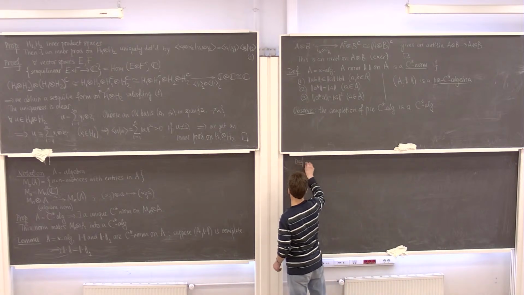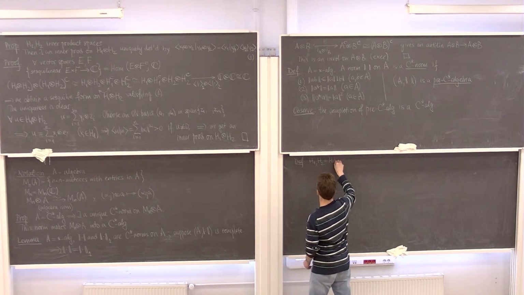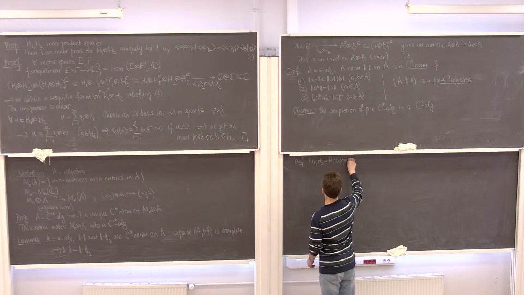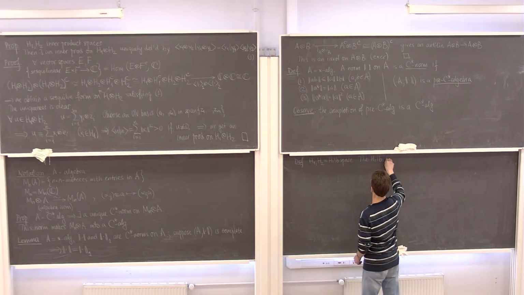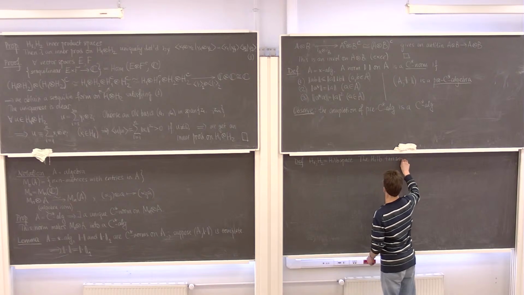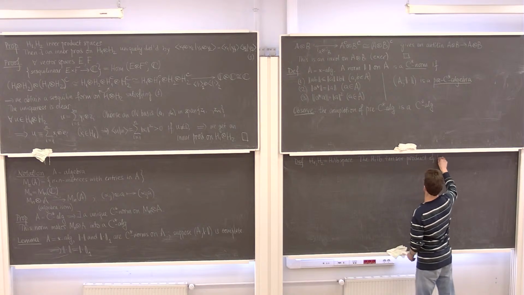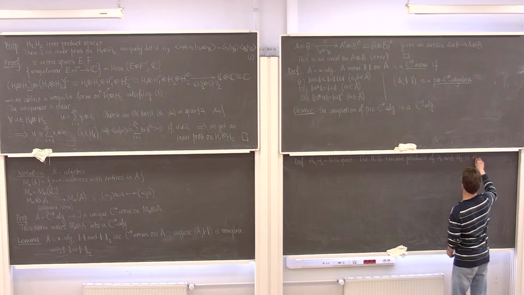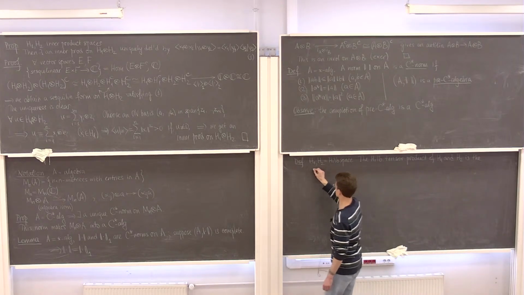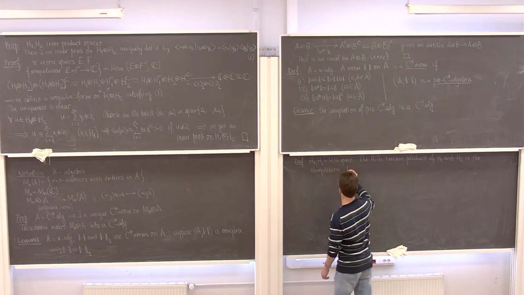If we have two Hilbert spaces, H1 and H2, then the Hilbert tensor product of H1 and H2 is the completion, which is denoted like this.